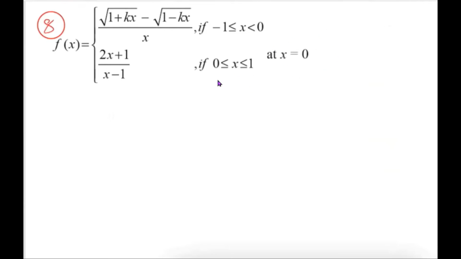What is f of 0? Look at this one: x greater than 0 or equal to 0. Read it from right to left. X greater than or equal to 0. In both the cases, the function is defined as 2x plus 1 upon x minus 1.